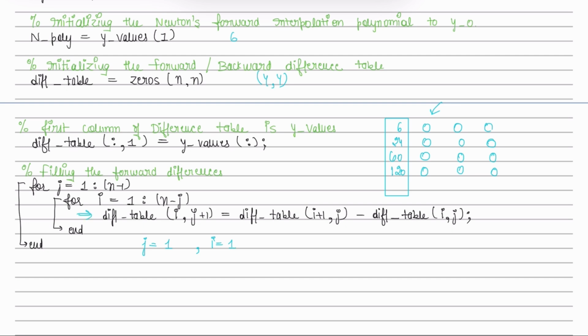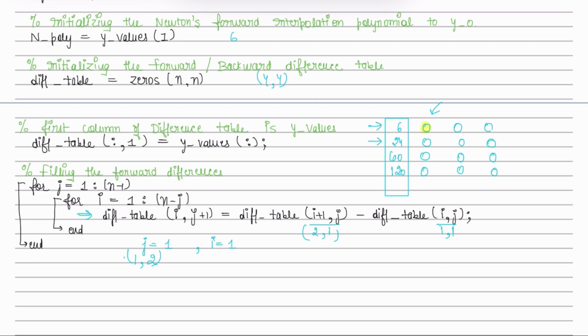This statement says that the difference table at index 1 comma 2, meaning first row and second column, which is this entry, needs to be updated by the entry at 2 comma 1 minus the entry at index 1 comma 1. 2 comma 1 means second row, first column, which is the value 24, and 1 comma 1 means first row and first column, which is the entry 6.